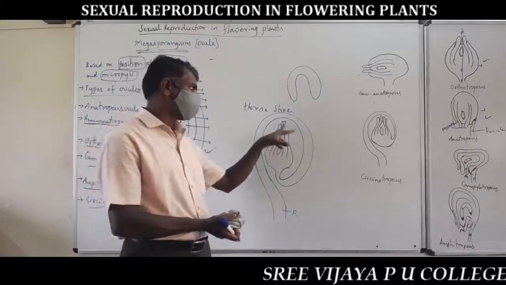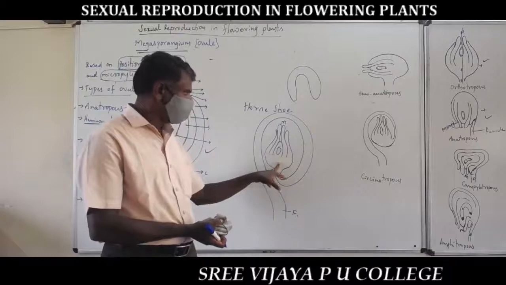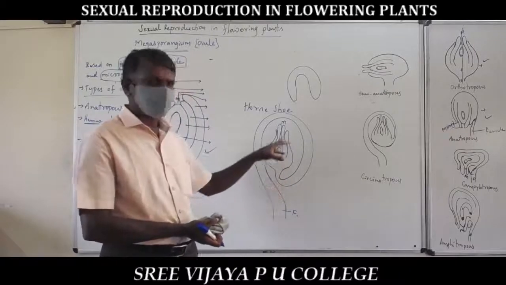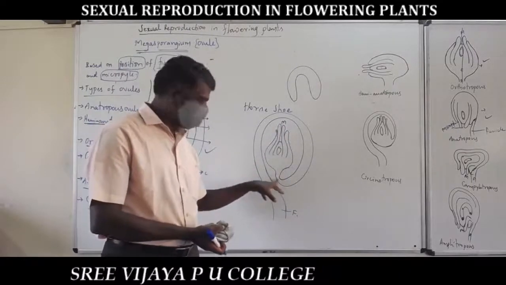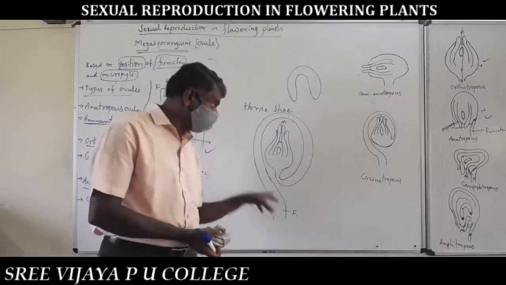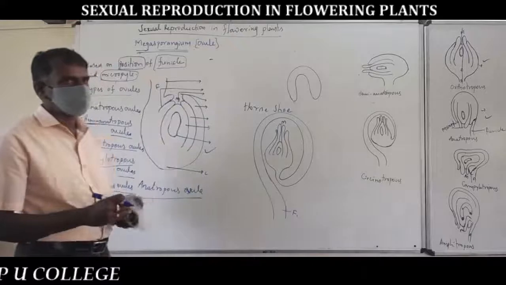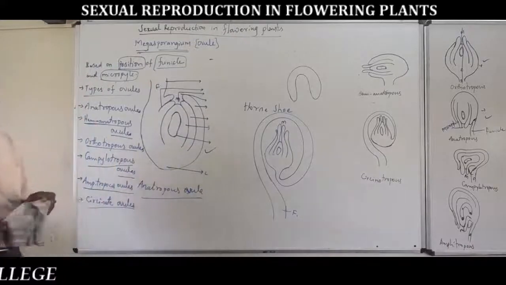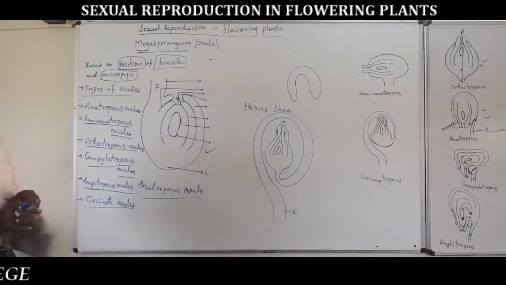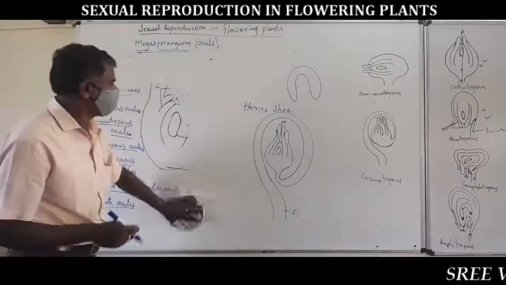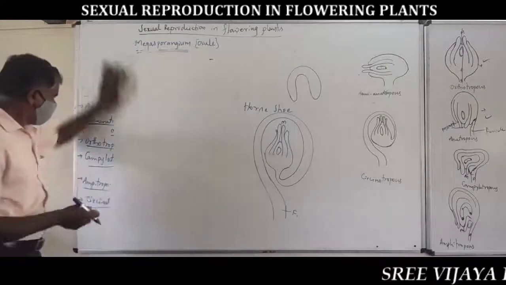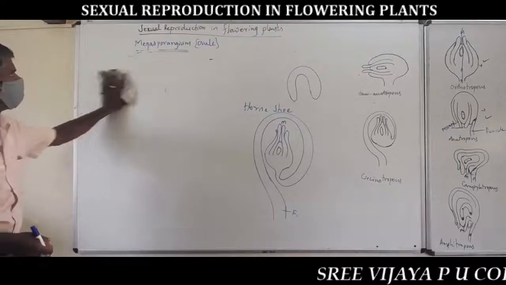Here also the micropyle, chalaza and funicle are present in the same line, but it is a little bit variant, a complete turn of the funicle. So this is the difference between the different types of classification of ovules, based on the position of the funicle and micropyle.